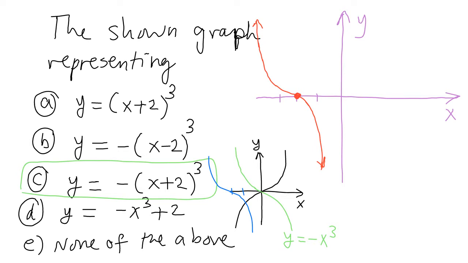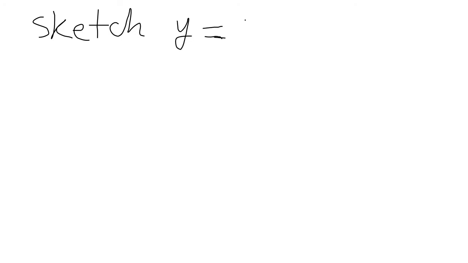Okay, the last example for today. Let us go back to sketch. Sketch this parabola. Y equals 4 minus x plus 1, the whole thing squared.